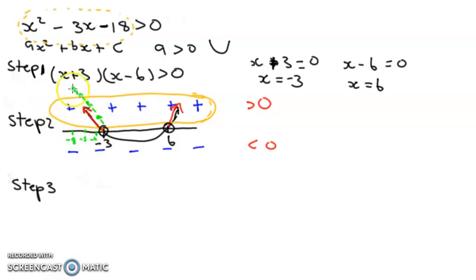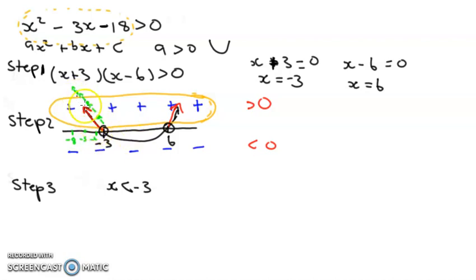Because of that, we say that in our answer, the values of x that are less than -3, x is less than -3. For all values of x that are less than -3, the graph will remain above the x-axis.